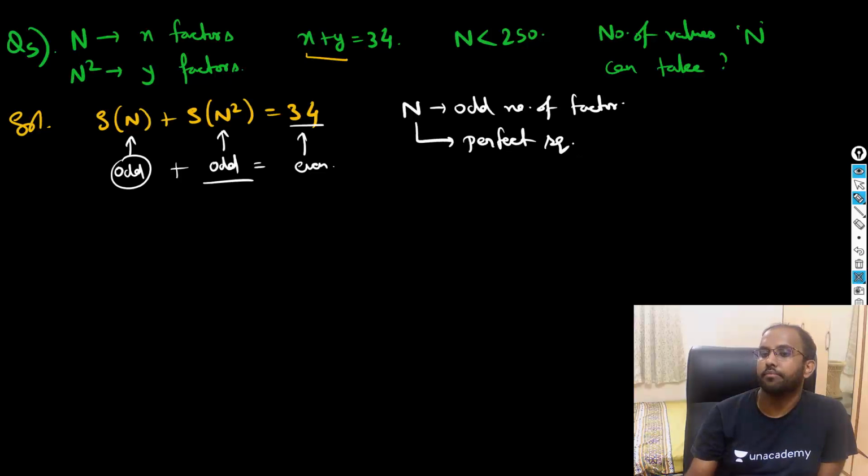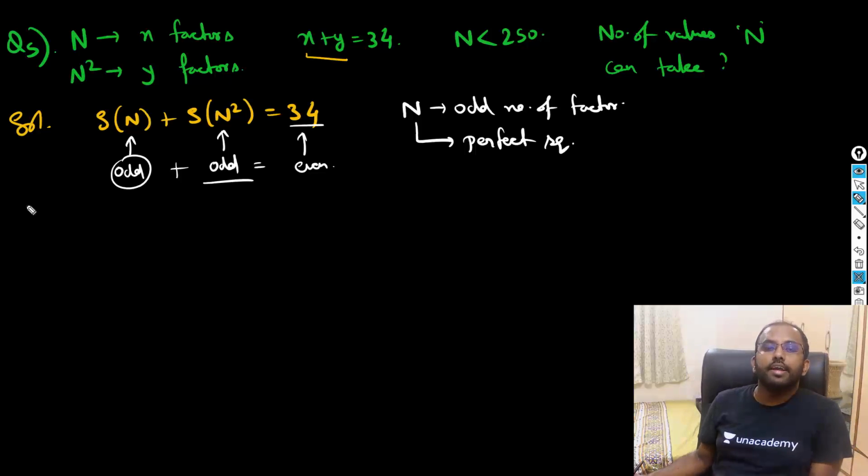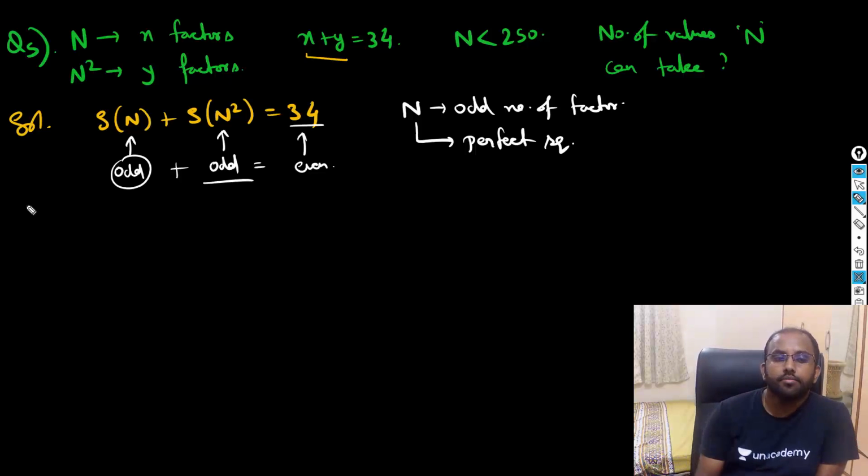Okay, fine. Once n is a perfect square, how can I think in this question? Perfect square means n has got even powers, right?